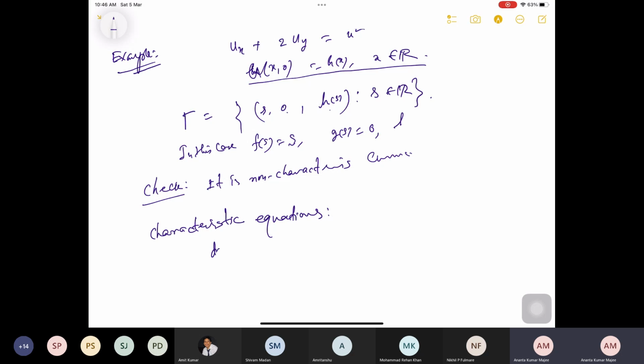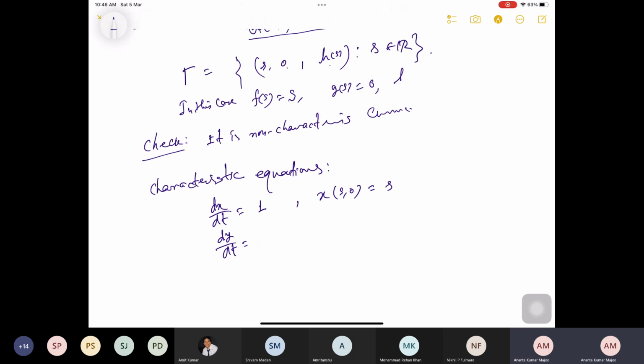In this case, I can write dx/dt, where a is actually 1, with initial condition x(s, 0) = f(s) = s, and dy/dt = b, where b is 2, with initial condition y(s, 0) = 0 because that is g(s).